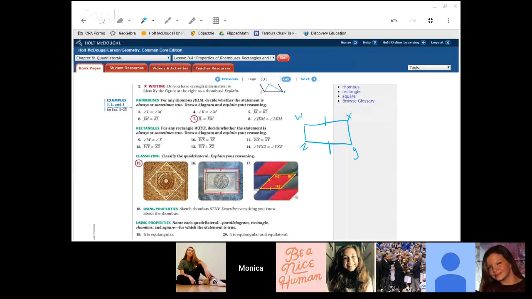Now, if we look at our properties of a rectangle, do we know that the two opposite sides are always congruent on a rectangle?